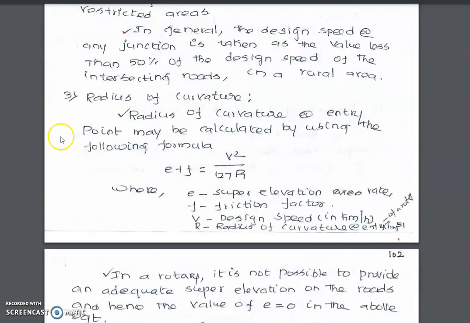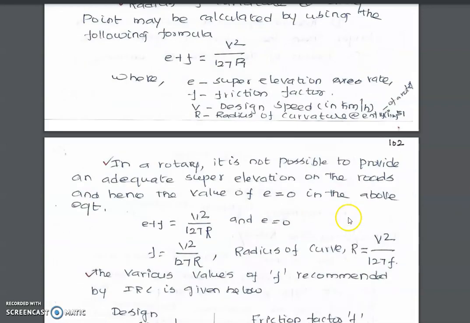So the radius of curvature at the entry point may be calculated by using the following formula: E plus F is equal to V squared divided by 127 R, where E is the super elevation rate, F is the friction factor, V is the design speed in kilometers per hour, and R is the radius of curvature at the entry level of a rotary intersection.